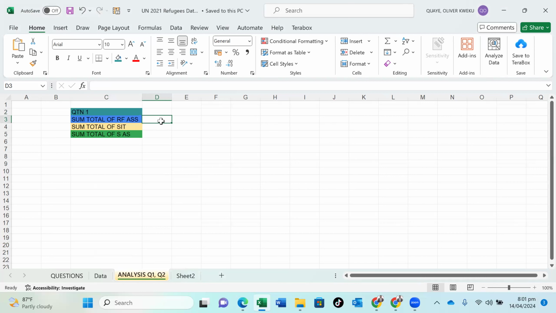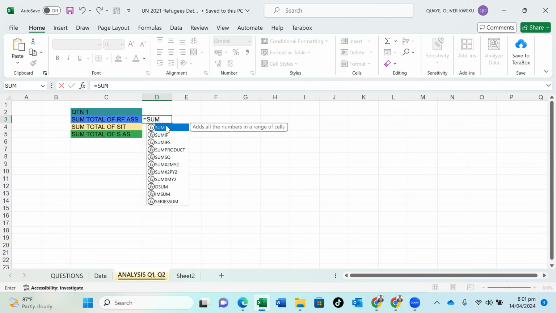Okay, so how do I find the sum total of this? It's very simple. The question said we should use the sum function. So to write any function formula, the first thing to do is to press the equal sign, right? Please write your function, click on it. So when you click on it, this open bracket will display over here.